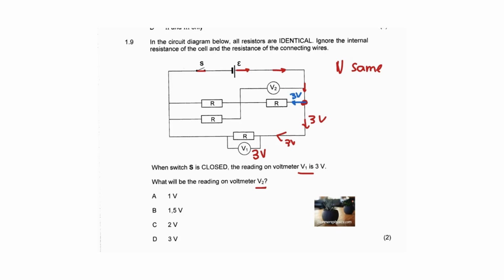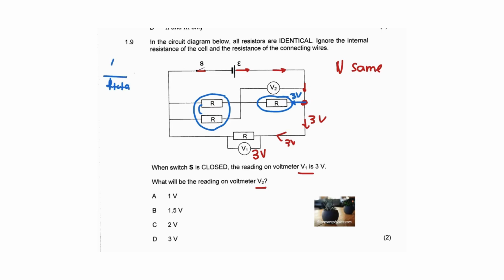But now when it got to this connection, you can see that we have now more than one resistor, and this one resistor is in series to these two that are in parallel. So it would mean that that 3 volts will now have to be shared between the R and the 2 R's there. So if we consider those 2 parallel R's there, I can try to find R total.